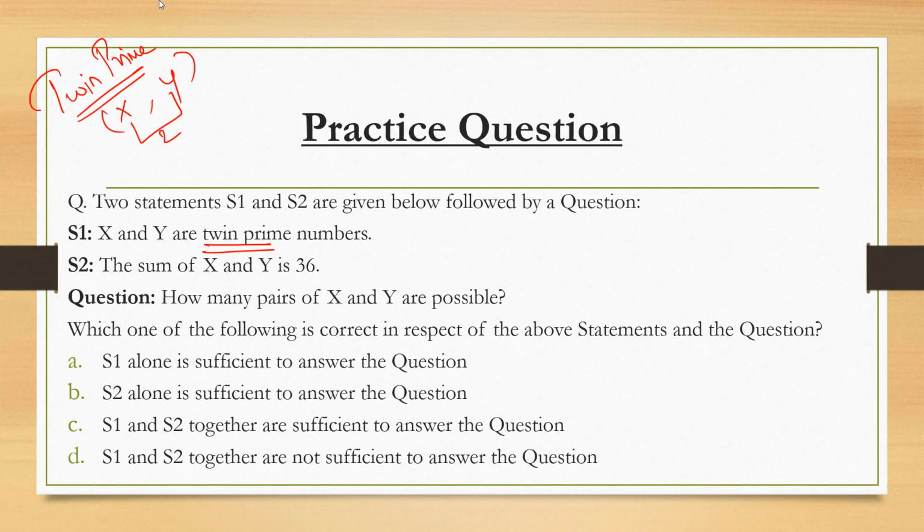Okay, Somashika says C, fine. Vicky says C. Shivaranjani says C. Can either S1 or S2 alone be possible? Okay, you tell me. Is that possible? Yes. Okay, let's see then.